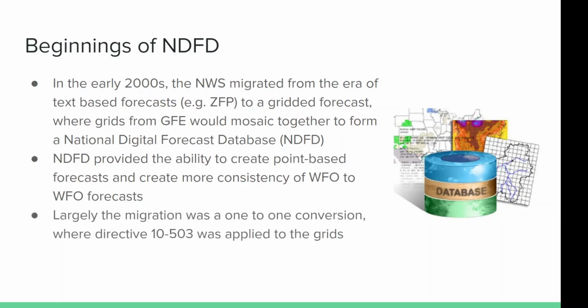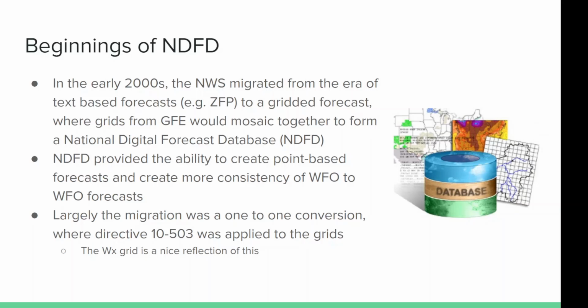So a lot of what you see in today's GFE and NDFD really connects back to this one-to-one migration. And it's why that weather grid that you see, that ugly weather string, is actually called an ugly string. In fact, it has all the details such as intensity, precip type, and probability.